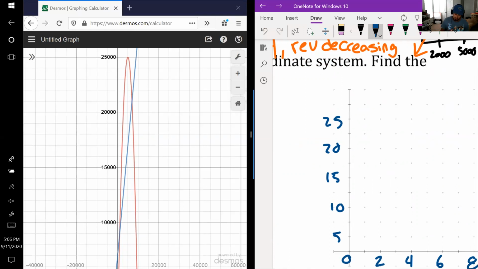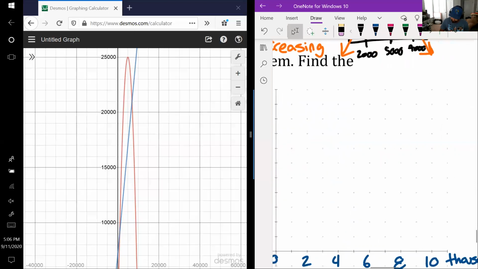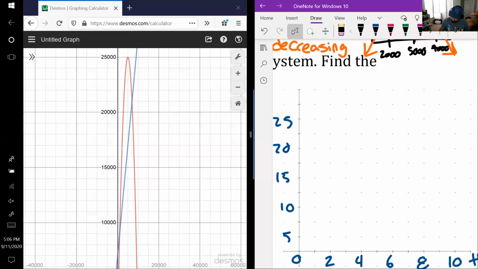And so we know that our revenue, our cost function is going to look something like this. I'll put cost as blue. So again, this is just a sketch.